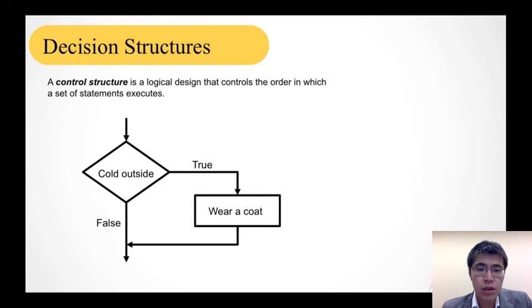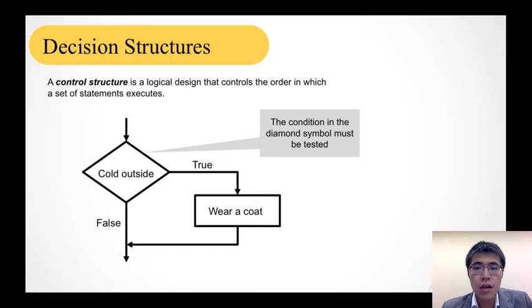So if the condition is true, you do the action. If the condition is false, you don't do the action. You move to the next step. And the condition in this diamond symbol must be tested before you do the action. So that is why we call it a control structure. You need a condition to do your action.